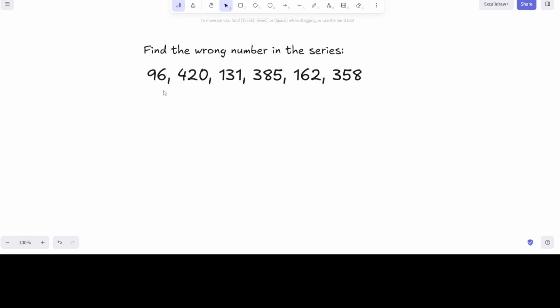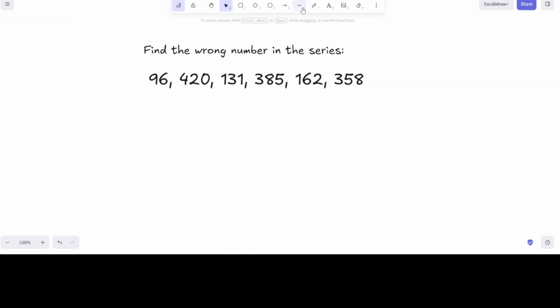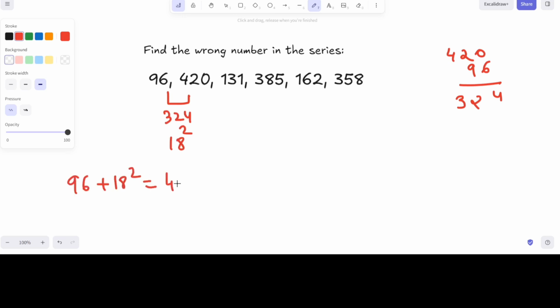First we take the difference of these two numbers. 420 minus 96 is nothing but 324. That is equal to 18 square. That is 96 plus 18 square equal to 420. That is our first pattern.